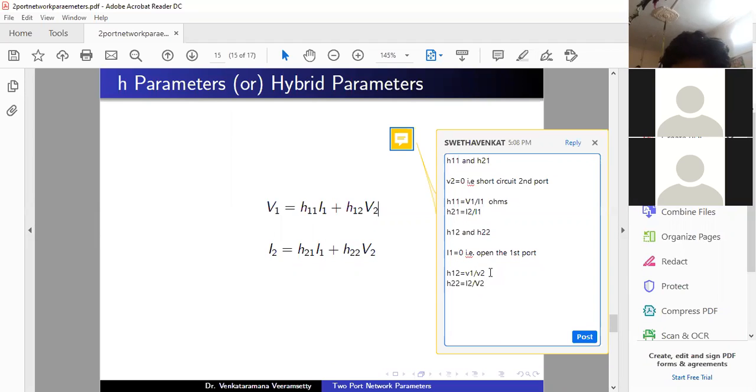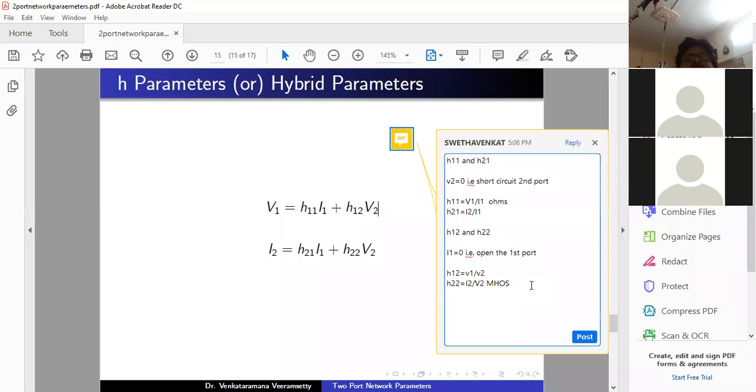If you observe H12 and H22, there is no unit for H12 because both numerator and denominator are voltage. Whereas for H22, the numerator is current and the denominator is voltage, so it is like an admittance, and the units are mhos. If the ratio is voltage to current, it is impedance, and the units are ohms.